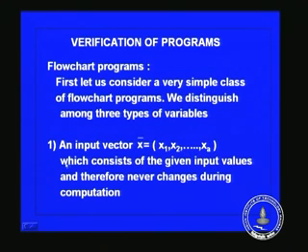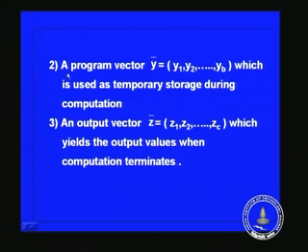A program vector y bar consists of variables y1, y2, up to yb, which are used as temporary storage during the computation. And then you have an output vector z bar consisting of z1, z2, up to zc, which yields the output values when computation terminates.